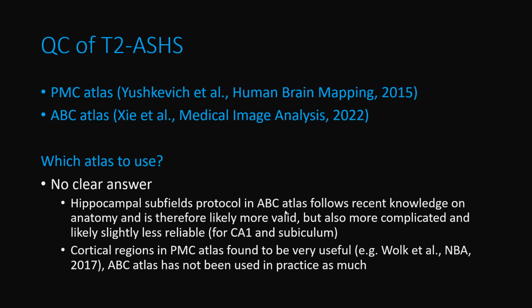Yes, and the ABC atlas is different in that it doesn't segment subfields until the end. It has a tail label at the end. So it requires some thought on how you would handle that. Do you somehow vary for it in your analyses?